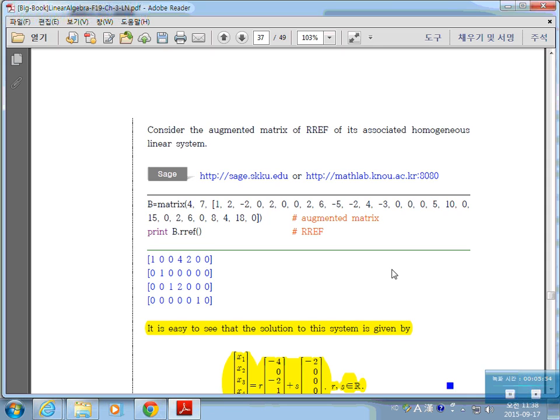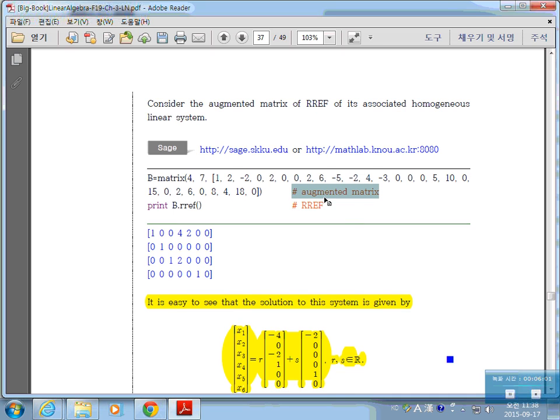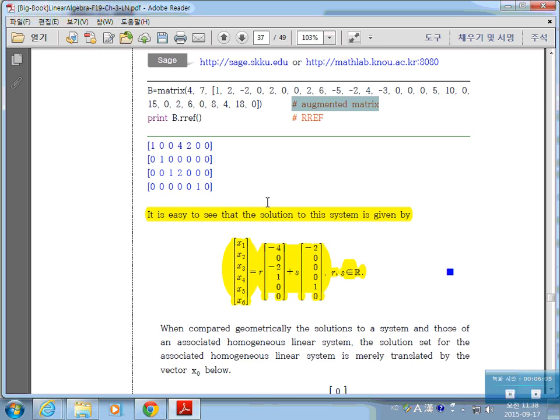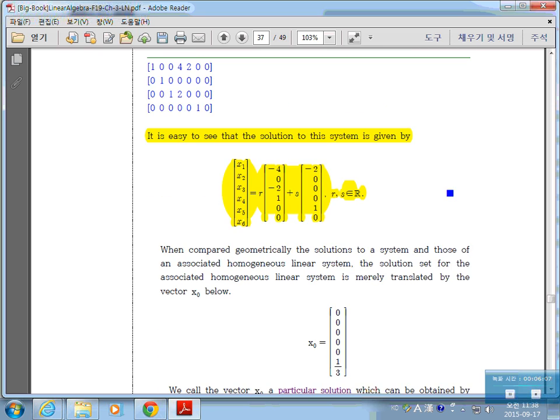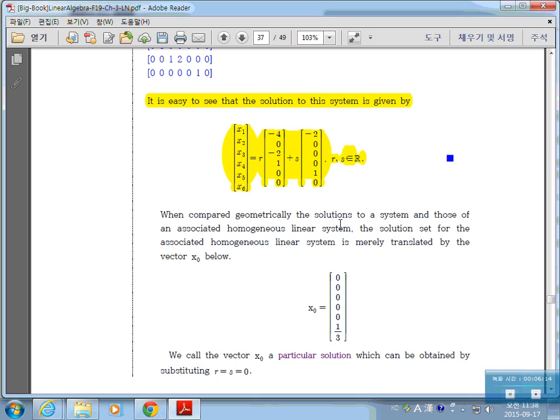Then think about this augmented matrix. Okay. So this is the solution set for the homogeneous system. Then next, we are looking for the whole solution set for the non-homogeneous system that was originally given.